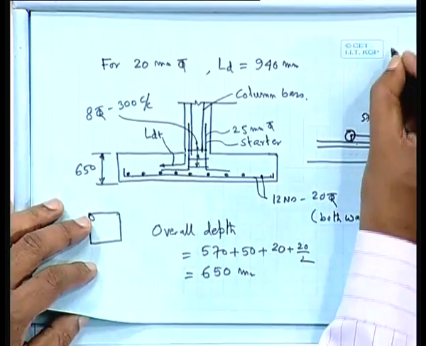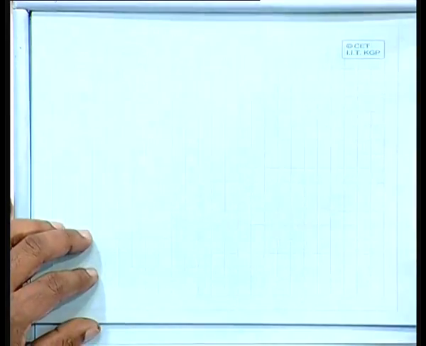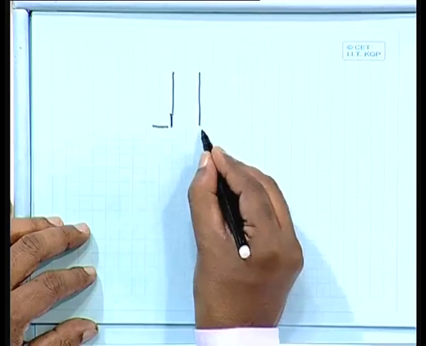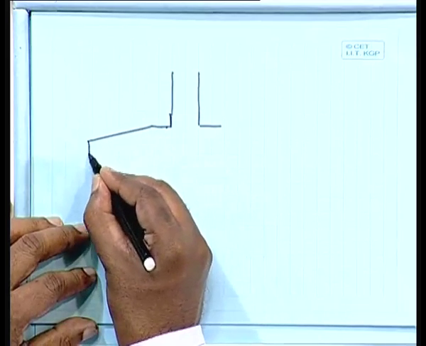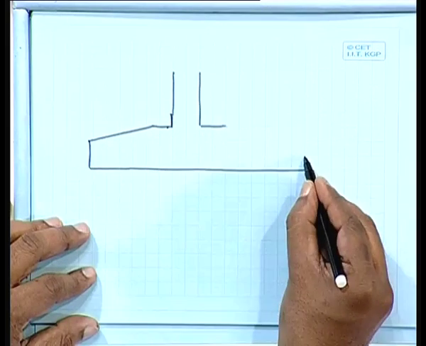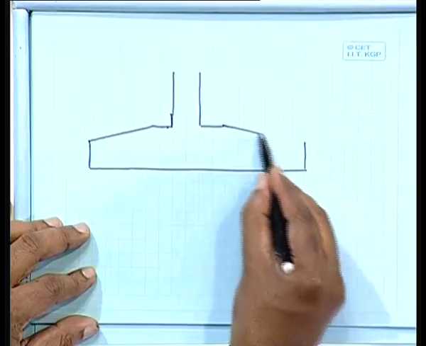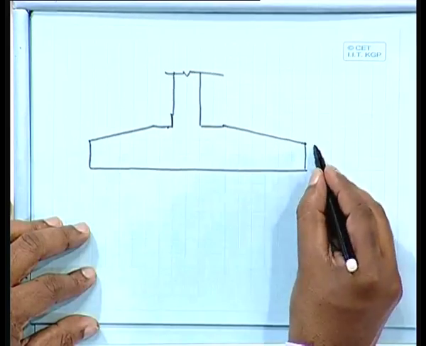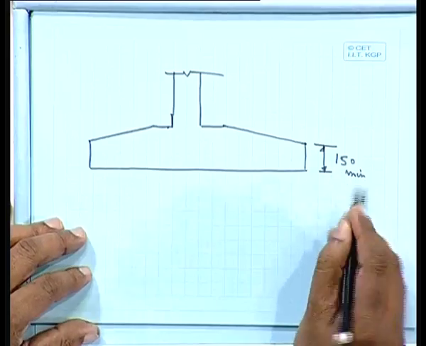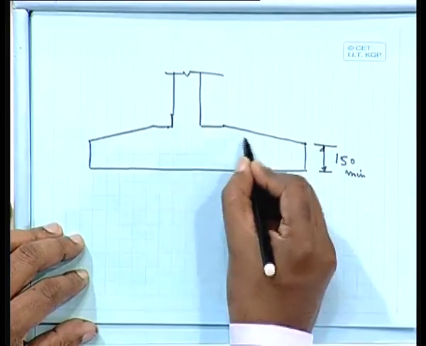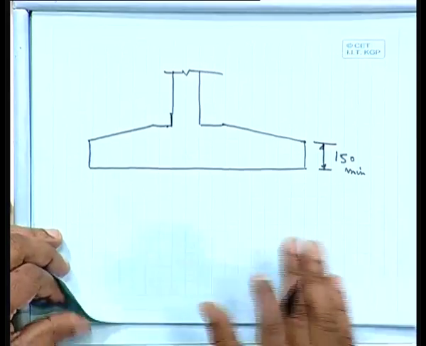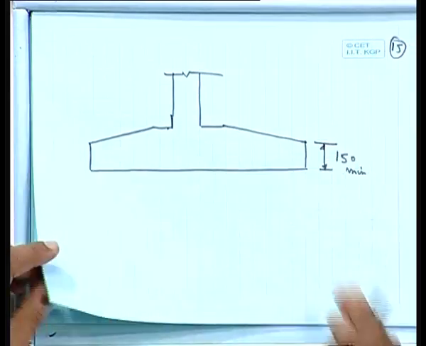We can reduce it like this, and it should be a minimum of 150. 150 is the minimum, we cannot go beyond that, if we make it sloped. Then again we have to calculate the effective depth and all those things, that is a separate issue, but here we have considered constant depth throughout. Okay, I think we can stop here today.